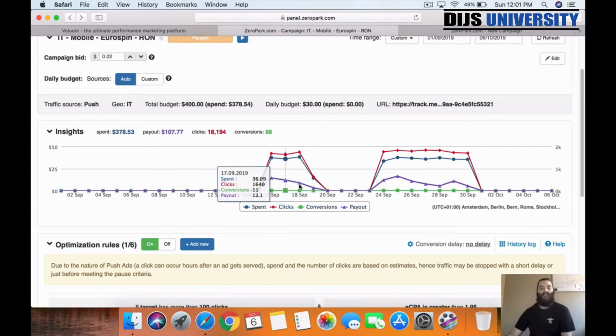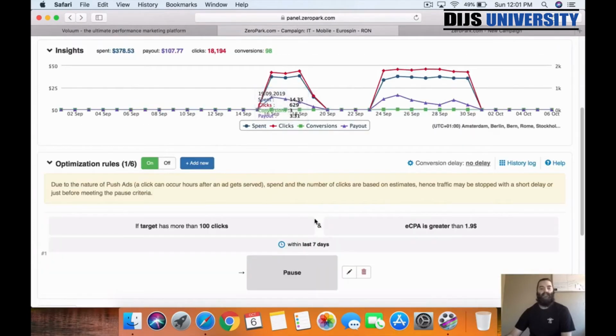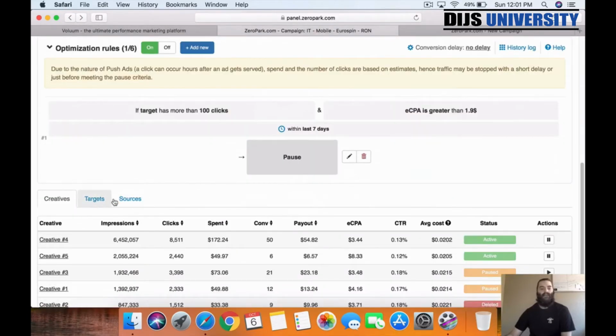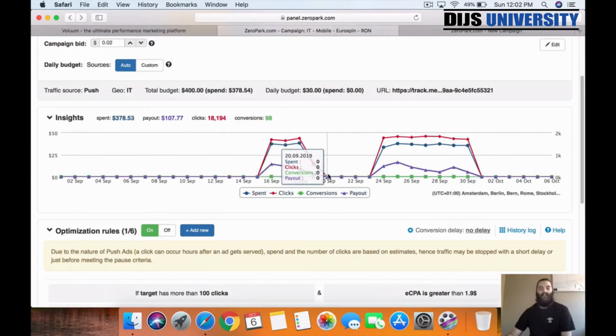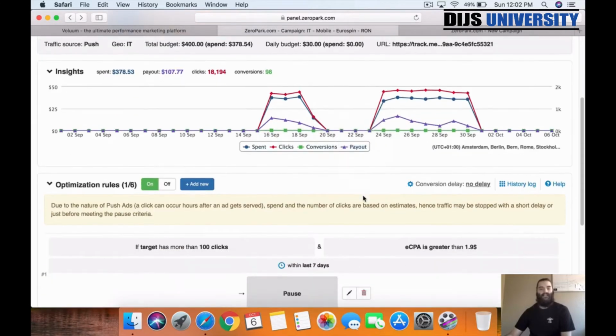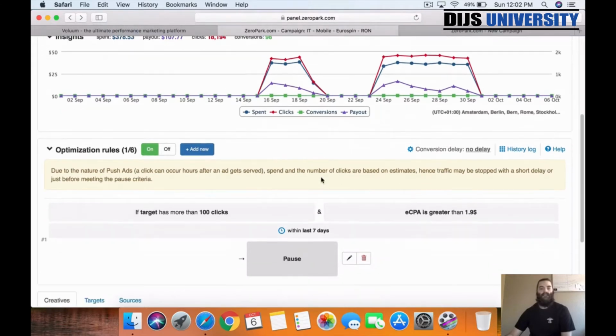Through this, it looks like they probably made some adjustments within the targets, which we'll take a look at in just a second. After they made those adjustments, they tried to run the campaign again for a little longer, and unfortunately it still was not profitable.